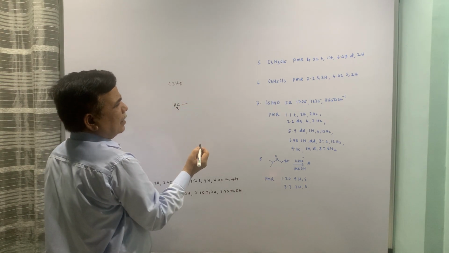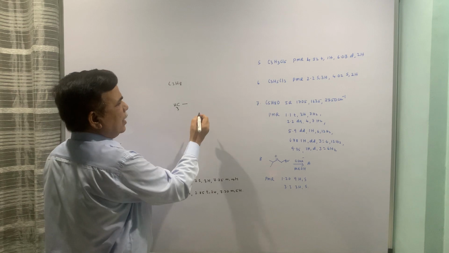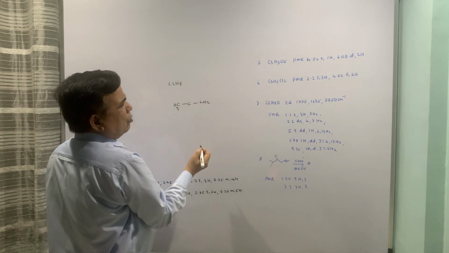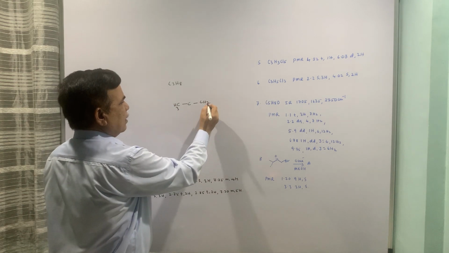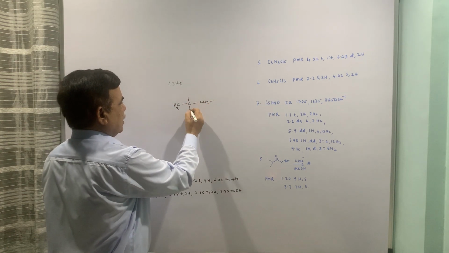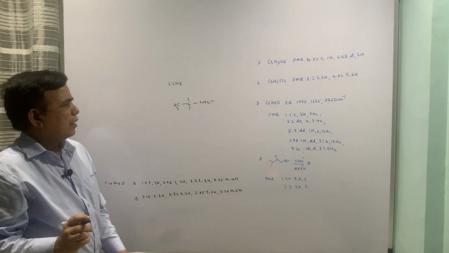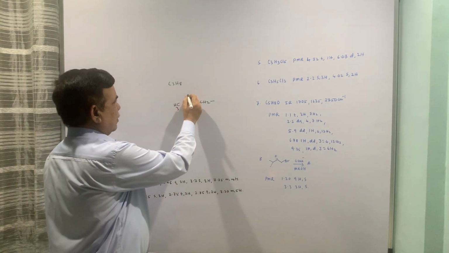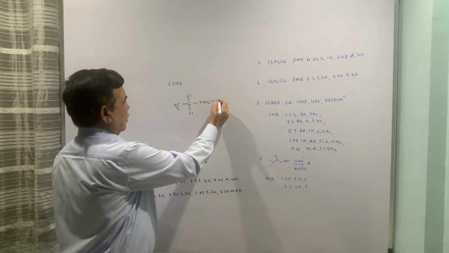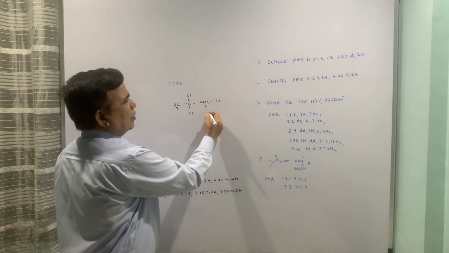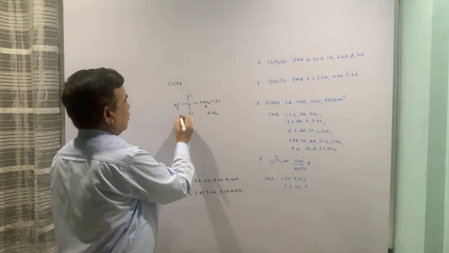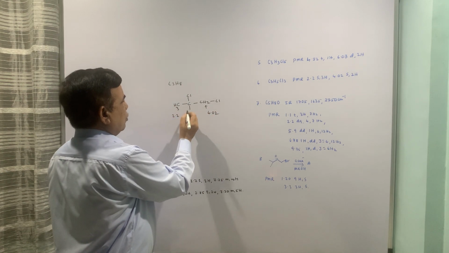2.3 singlet, 3 protons is CH3, isolated, and CH2 again a singlet, isolated. That means these are the substituents, and by default the substituents are Cl. So this is 4.02, this is 2.2.